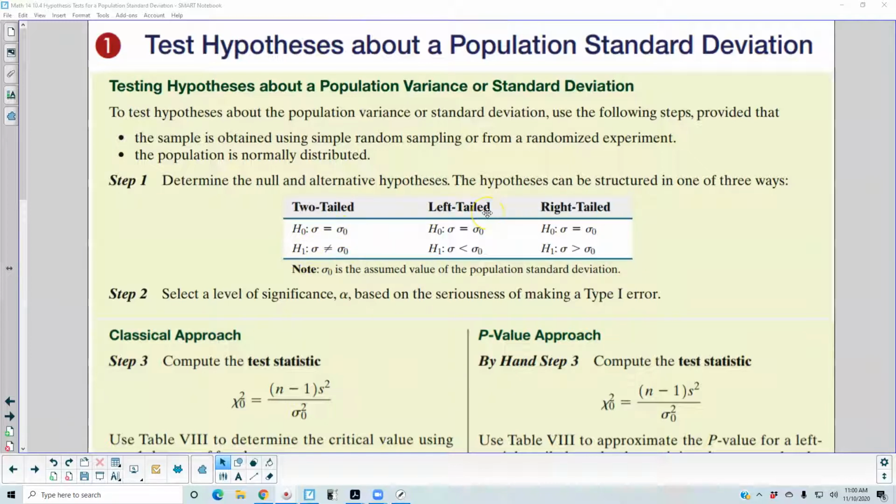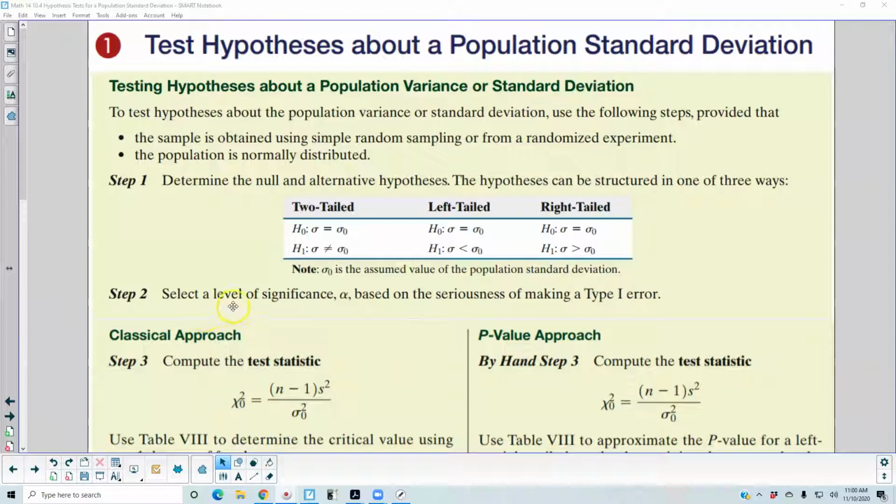The left-tailed, we will see that the null has an equality, and the alternative has the less than symbol. And the right-tailed, the null has the equality, and the alternative has the greater than symbol. And note that the variance, or the standard deviation, subscript 0, is the assumed value of the population standard deviation.